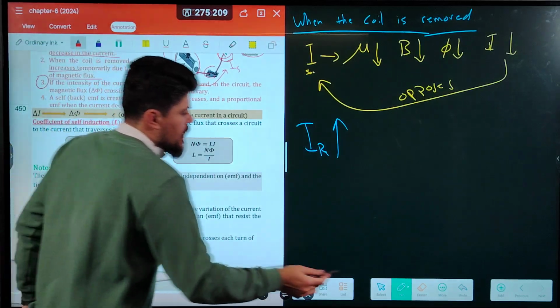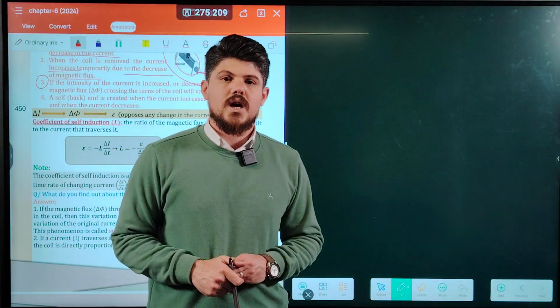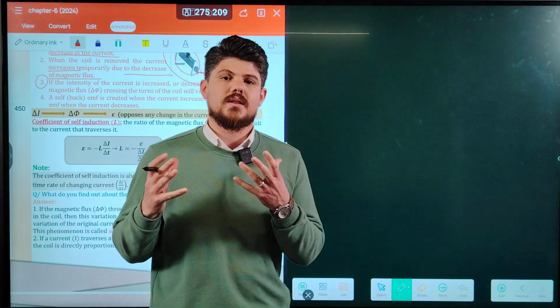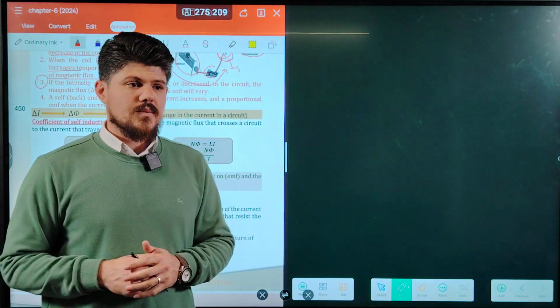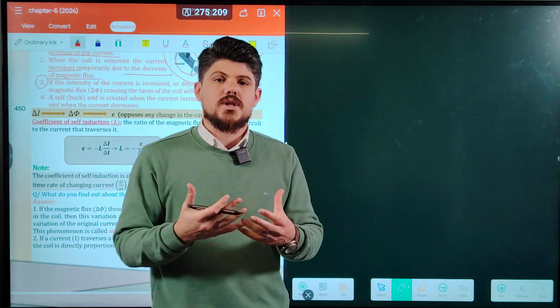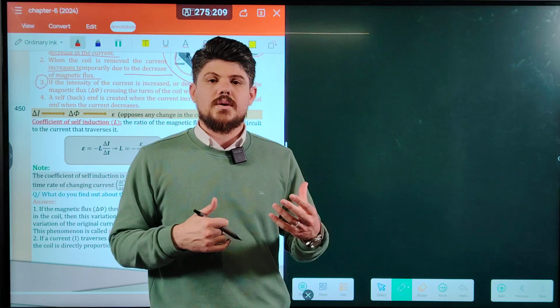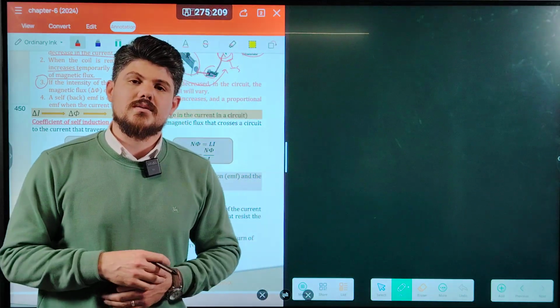Number 3: self-induction occurs by changing the current and by changing the magnetic field. How can we change the magnetic field in self-induction?